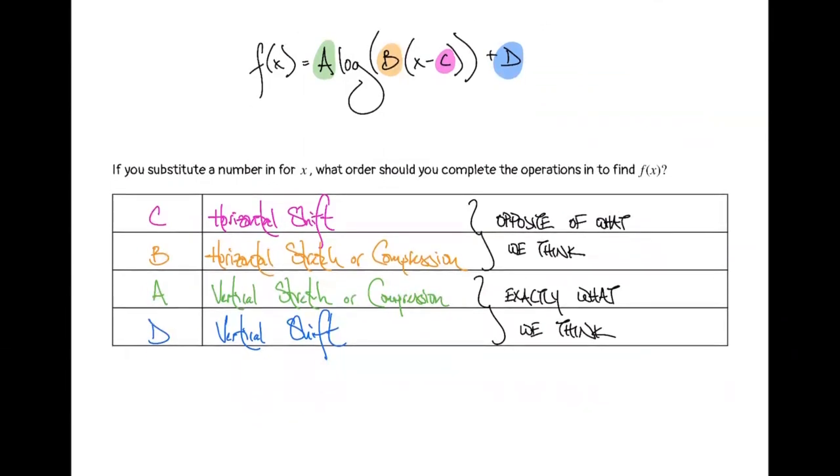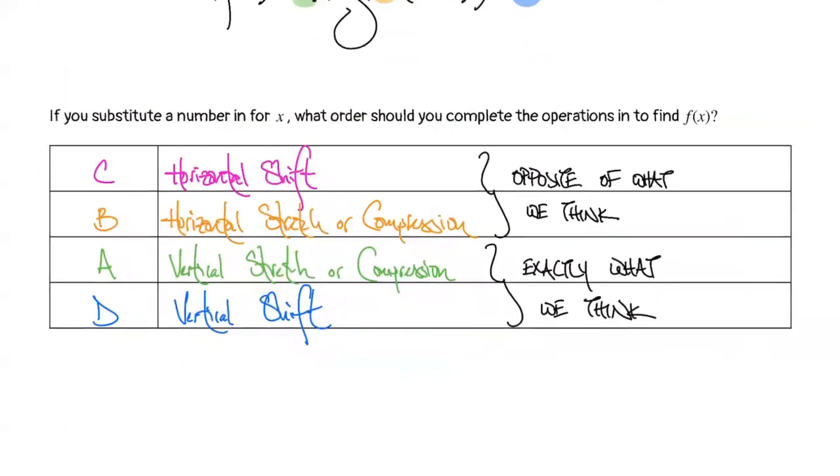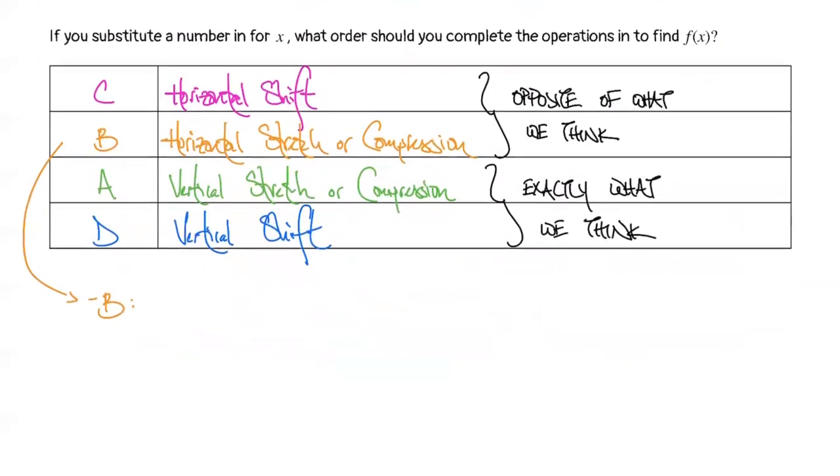There's also one last note I want to leave for ourselves. What if we have a negative B? What does that do to our graph? It flips it on the y-axis. Mm-hmm.